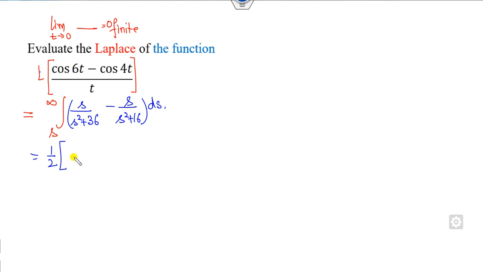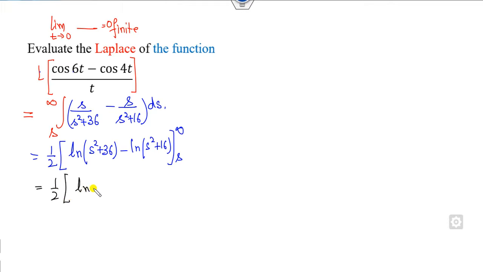Half is common. It will be ln of s square plus 36, half is again outside, minus ln of s square plus 16, from s to infinity. I can write this number as half ln of s square plus 36 divided by s square plus 16.